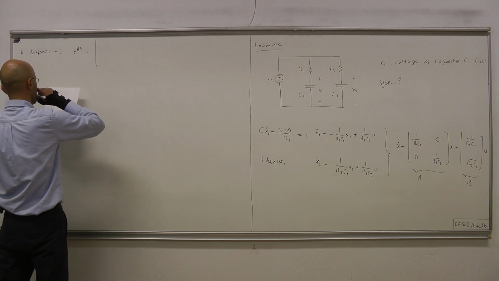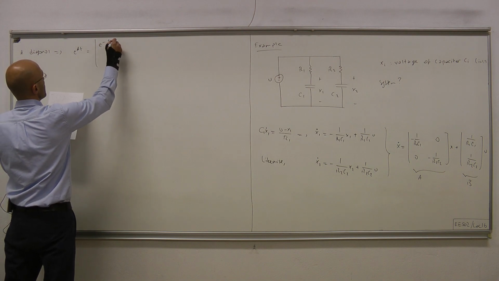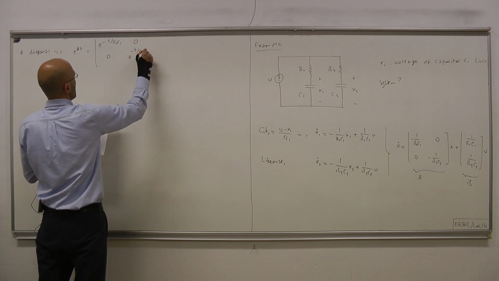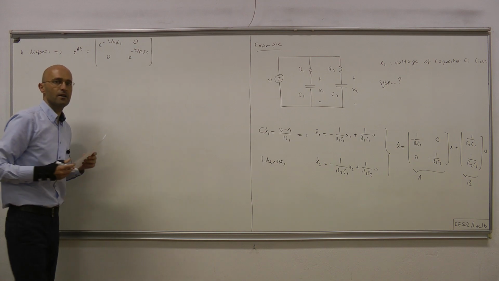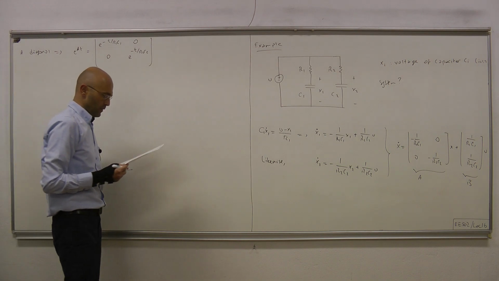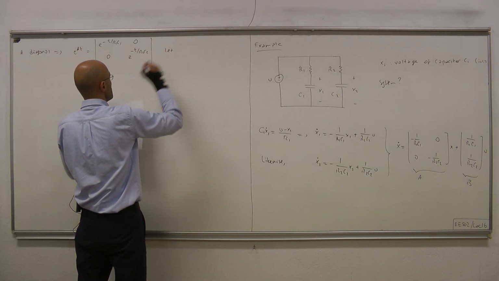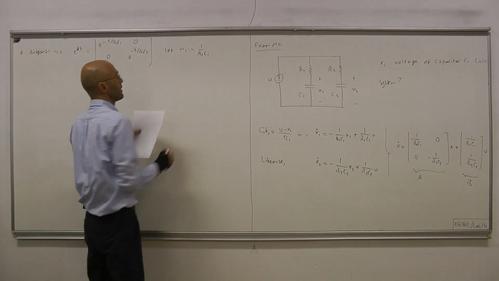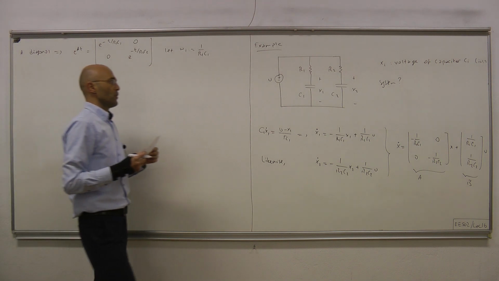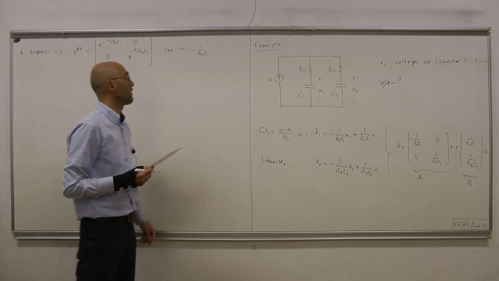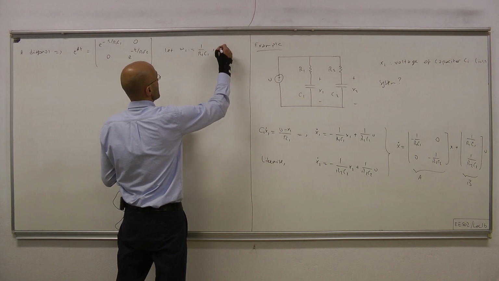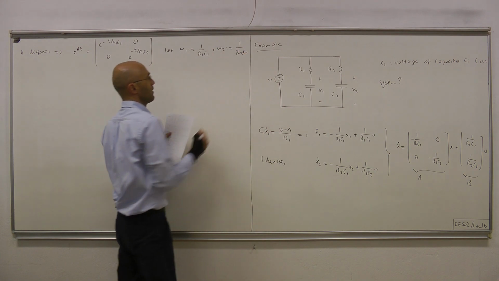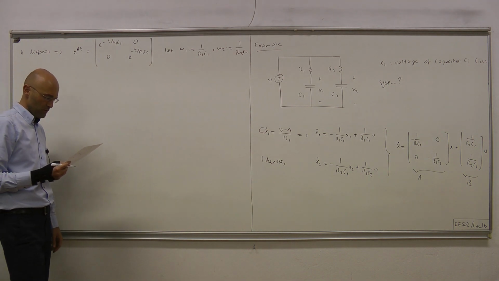e to the At is e to the minus t over R1 C1, 0, 0, e to the minus t over R2 C2. So that's our state transition matrix. Let's introduce the following notation. Omega 1 is 1 over the time constant corresponding to the first RC pair, 1 over R1 C1, and likewise omega 2 is 1 over the time constant for the other RC pair, 1 over R2 C2.